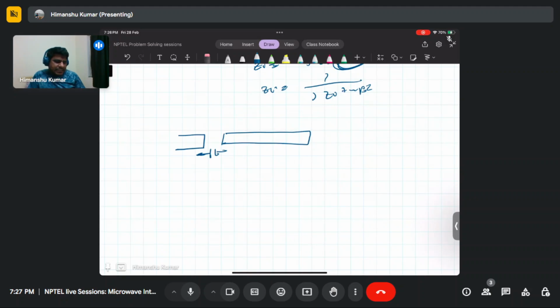And the line, whether it is open circuit or short circuit, you can write as a capacitive or inductive model. There is also loss in the line, which is counted as a resistance.